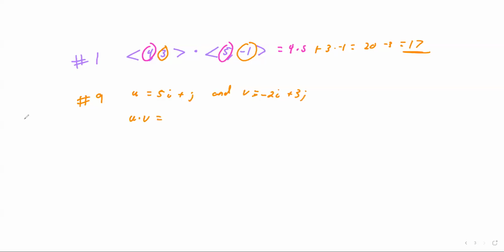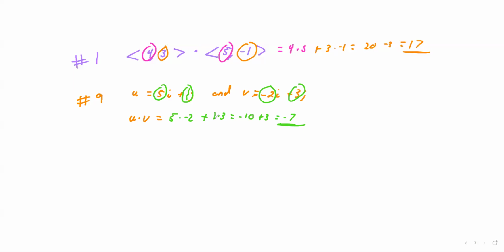So remember, this is still your x times your x. So that would be 5 times -2 plus, there's no number there, so there's an imaginary 1. So you take your y times your y. So that'd be 1 times 3. So you get -10 plus 3, which gives you -7. All right. Hopefully pretty easy so far.